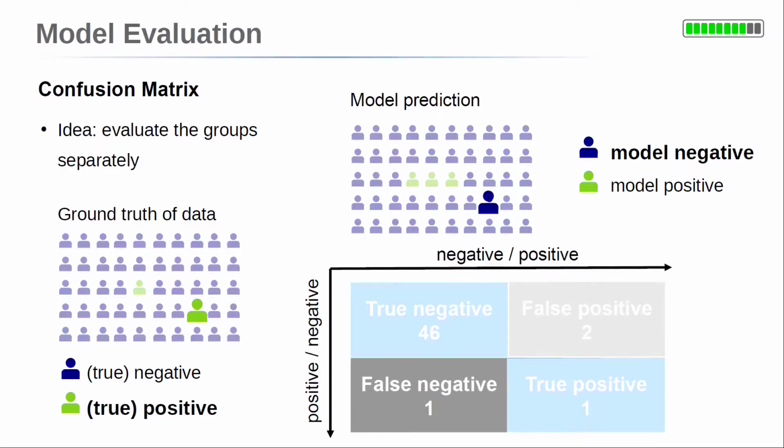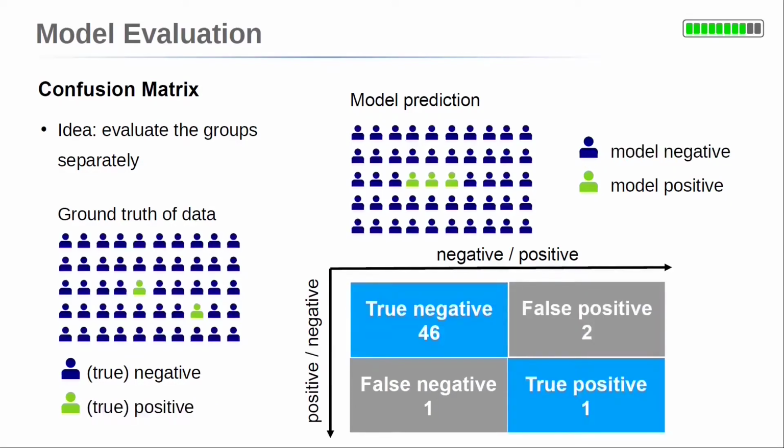So the model was false negative. In total, the confusion matrix gives an overview of the model classifications in comparison to the ground truth. Normally, you have to find a trade-off between false positives and false negatives.